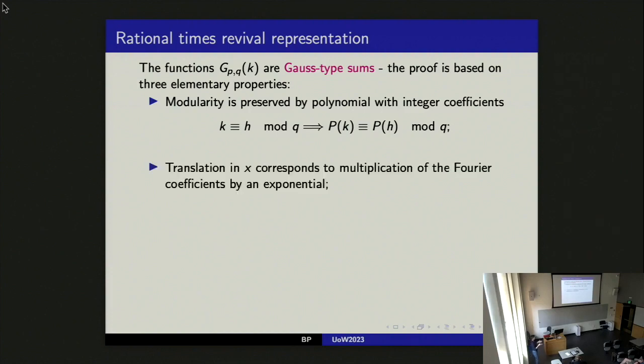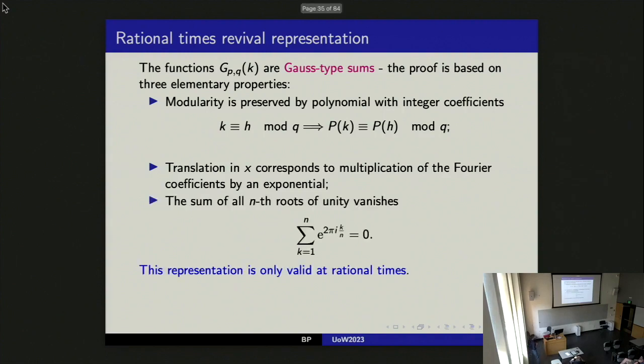And then the fact that if you translate in x, that corresponds to just multiplication in Fourier space, and that the sum of all nth roots of unity vanishes. If you do this, you really see that there is a lot of aliasing in the Fourier series representation, and you can combine all these congruent terms and get a finite sum out.